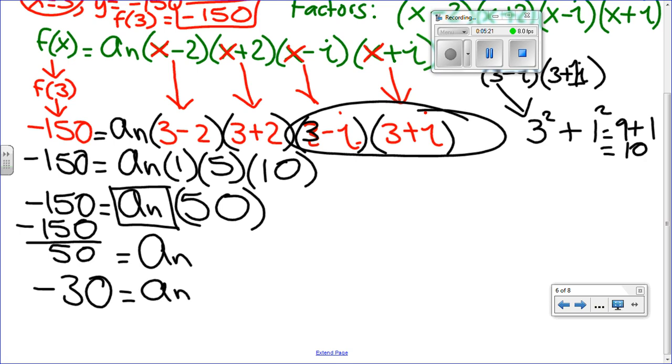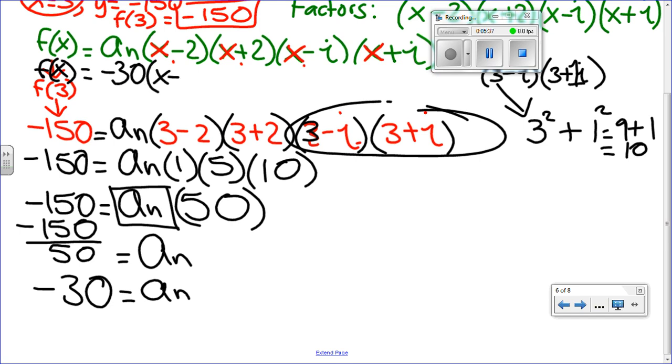So if I go back to this question and write the linear factorization for this polynomial, it will be the leading coefficient negative 30 times x minus 2, x plus 2, x minus i, and x plus i.